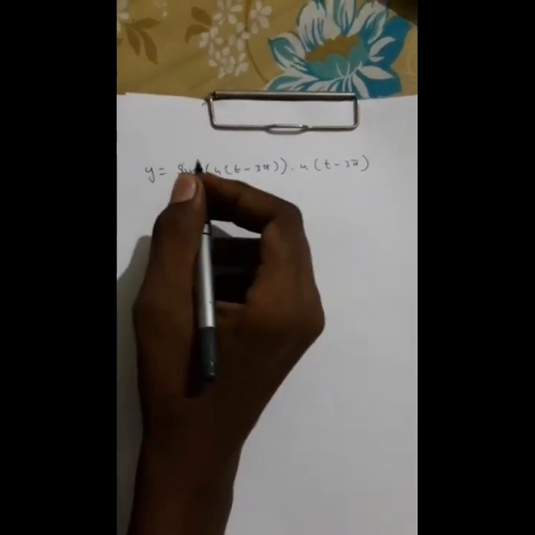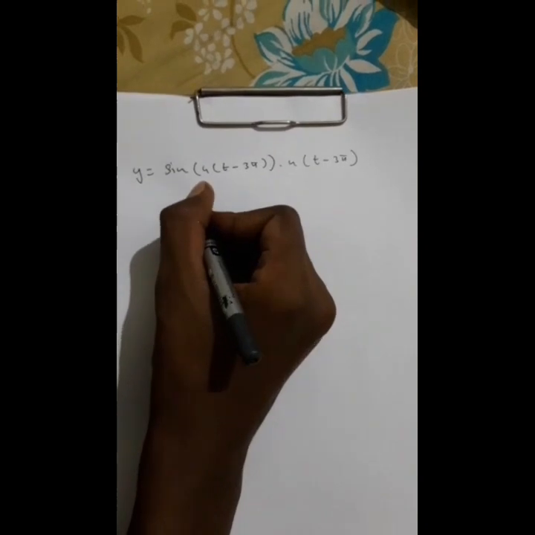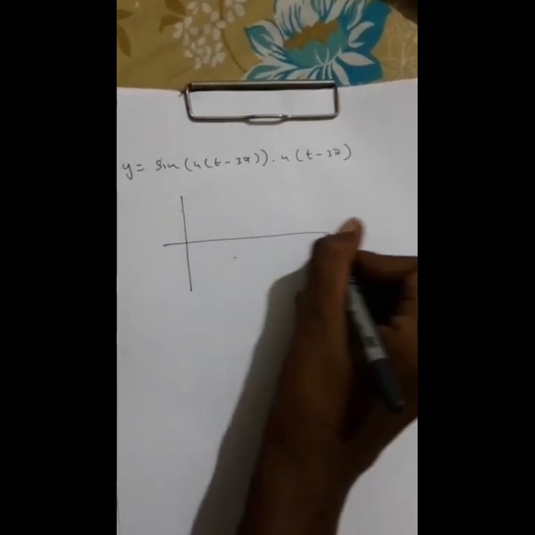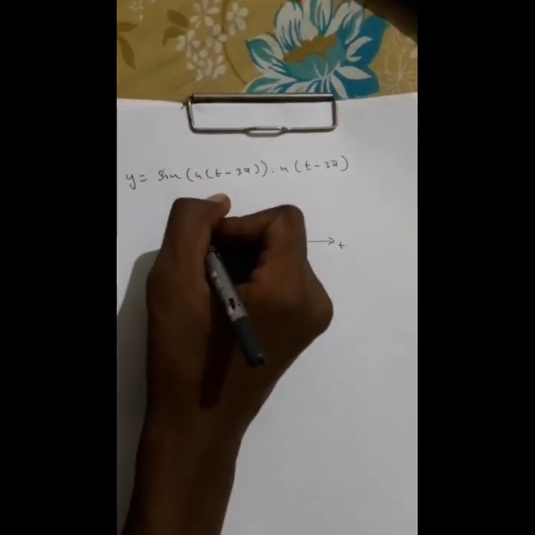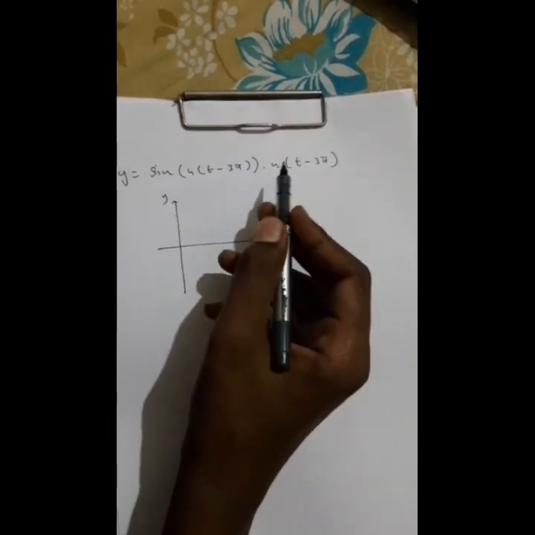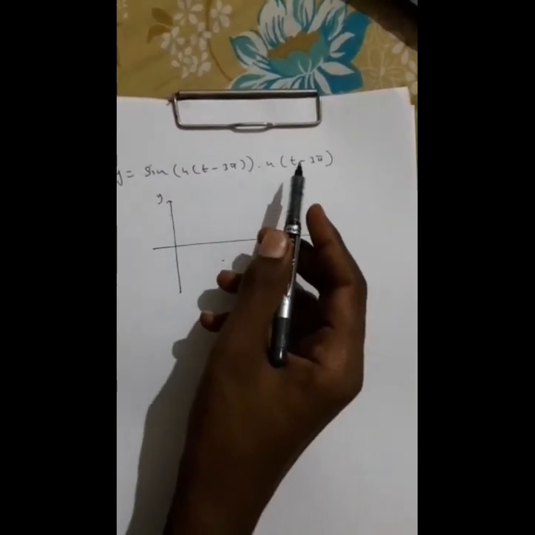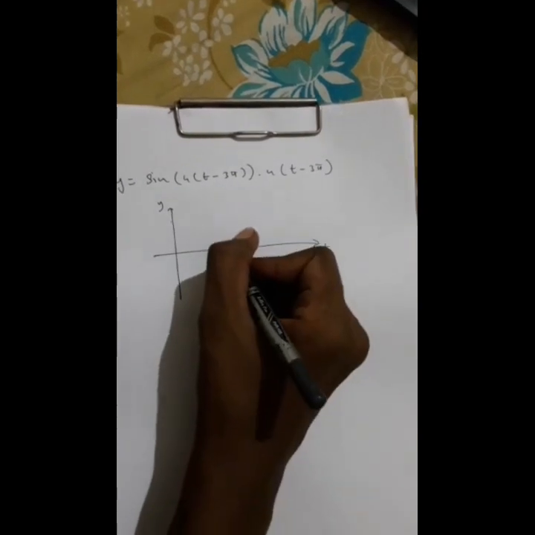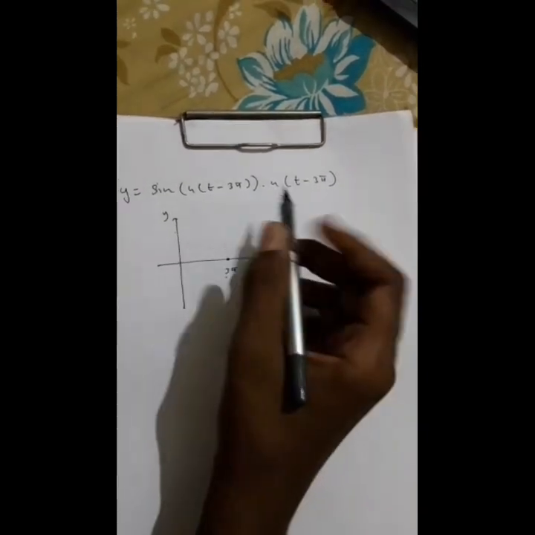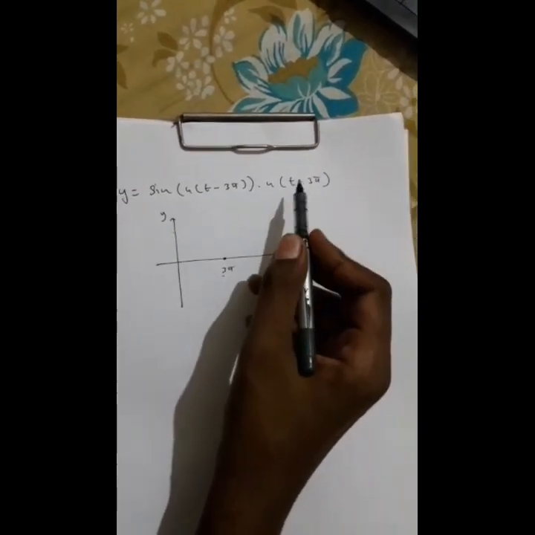From this we can plot the graph. We can see that it will be 0 until it reaches 3 pi. I'm taking this point as 3 pi. After it reaches 3 pi, there will be a huge impulse.